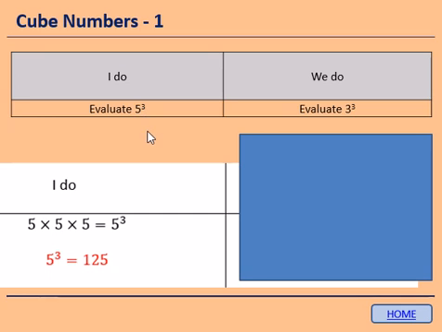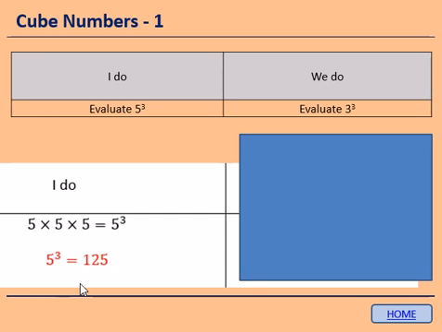What that means is 5 times 5 times 5, 3 times. So if we calculate that, 5 times 5 makes 25, times 5 makes 125. Please copy that down in your books.